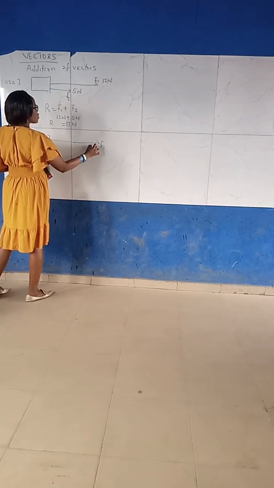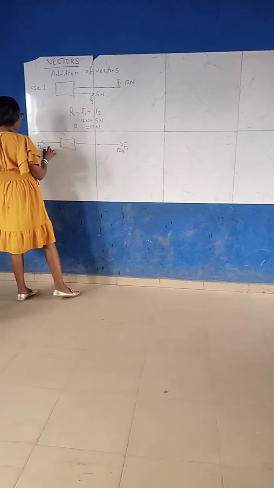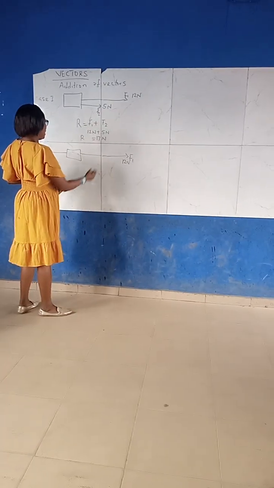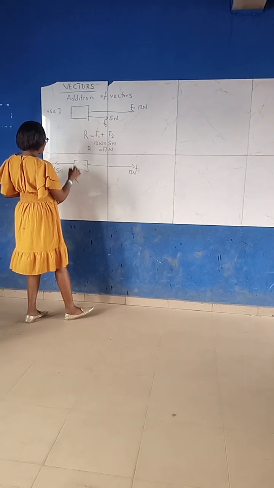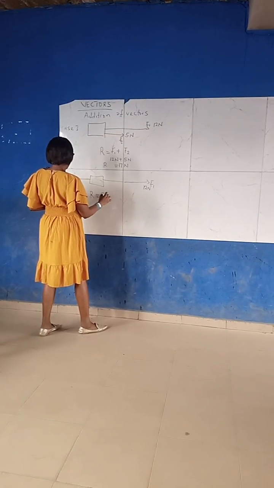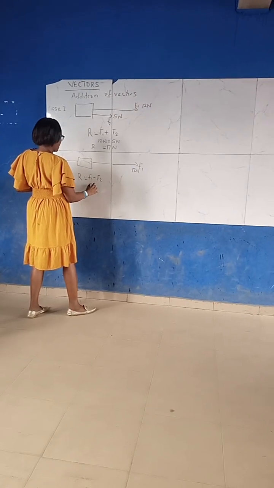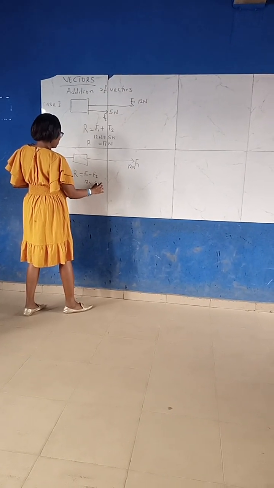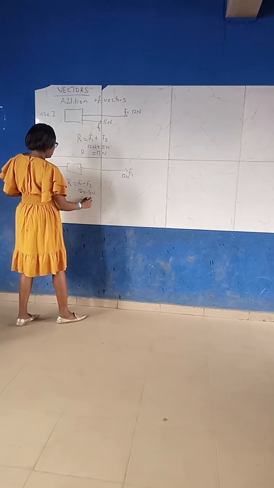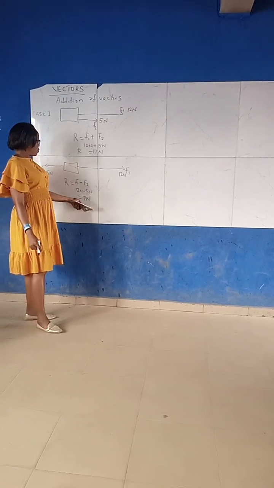Now let's assume this is 12 Newton and this is 5 Newton. Because the two vectors are traveling in opposite directions, the resultant of these two vectors is going to give us F1 minus F2. So our F1 is 12 Newton minus 5 Newton. So our resultant vector is going to give me 7 Newton. That is 12 minus 5, which is 7.